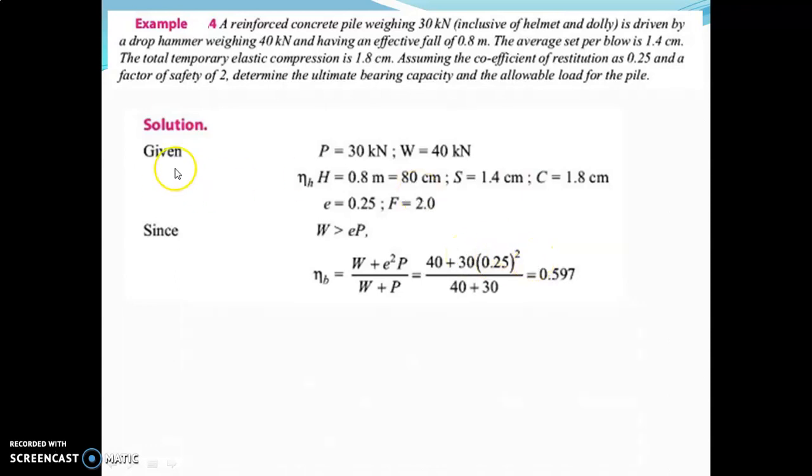So how can we calculate? It is given: P is the weight of the pile. This is a reinforced concrete pile, the weight of the pile is 30 kilonewton, and the weight of the hammer is 40 kilonewton.